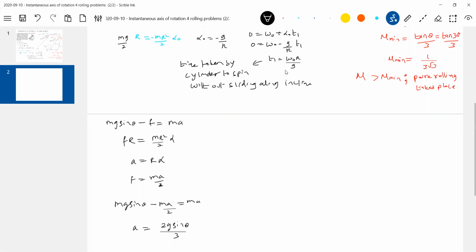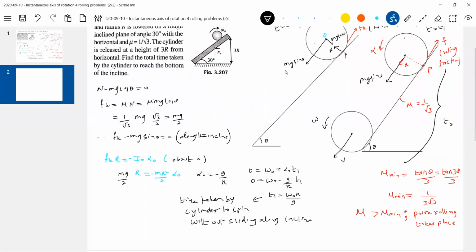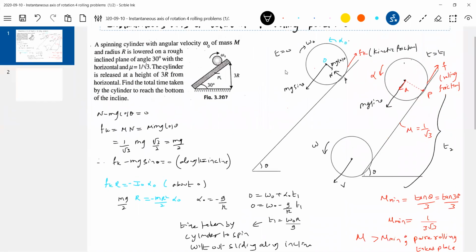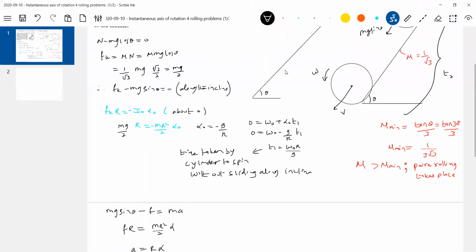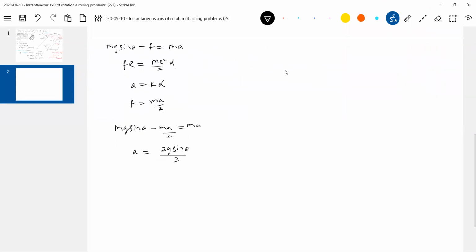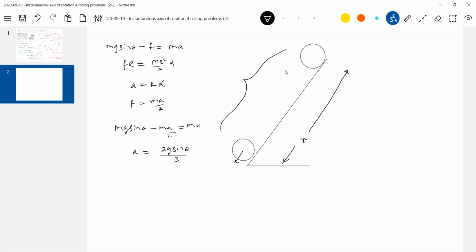Now what is the height of the inclined plane given? H is given as 3r. So what can be this distance? What is the overall distance it has to slide from here to here? What is the time taken? I know how to calculate this t2.